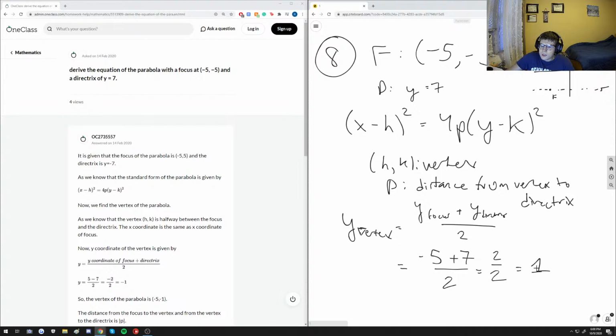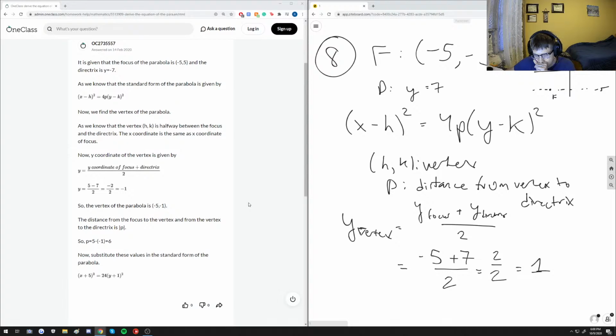So the y-coordinate of our vertex is equal to 1. We can already find the x-coordinate of our vertex. It's the same as the x-coordinate of the focus, because they have to line up, as in this diagram. So the x-coordinate of our vertex is -5, and our h, k is just (-5, 1).